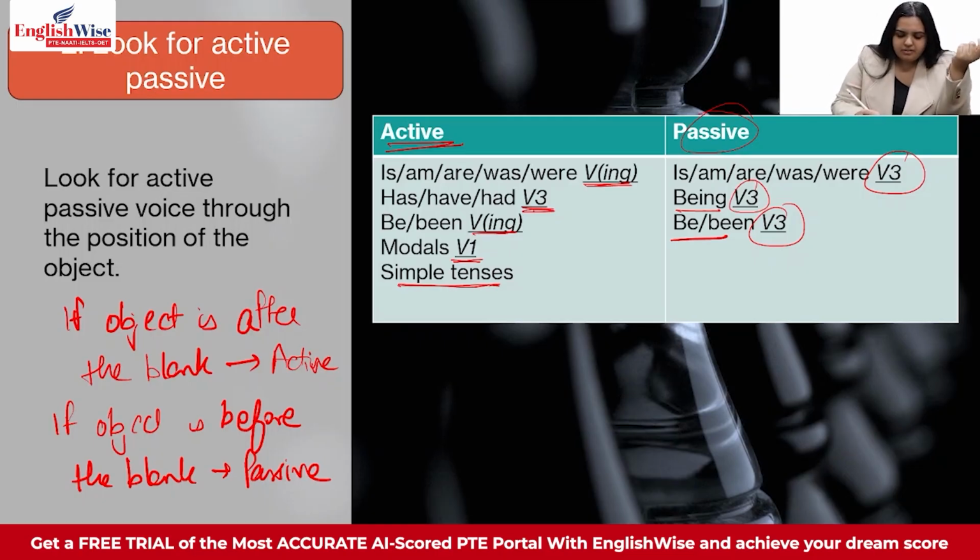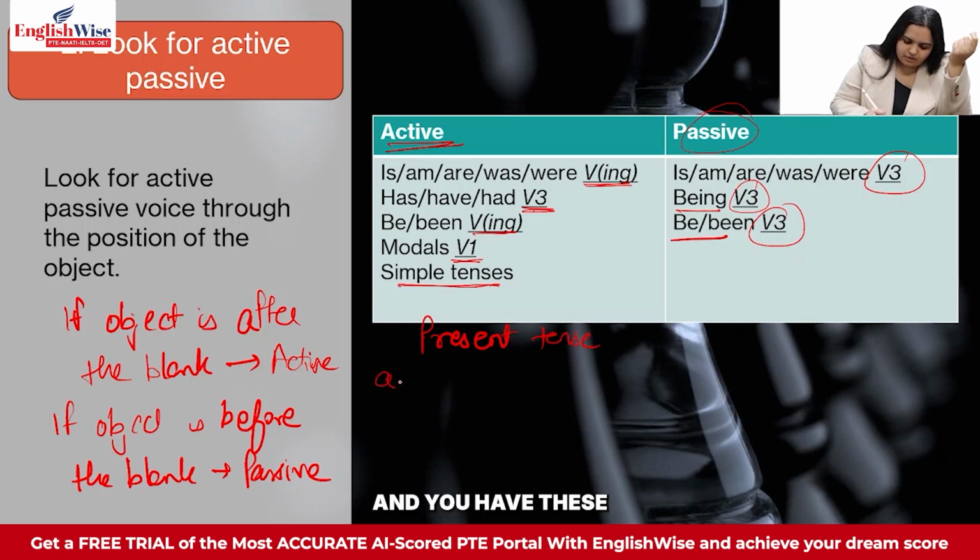Okay, now let us say, suppose you have a sentence in the present tense. Okay, so the sentence is in the present tense, and you have these four options.